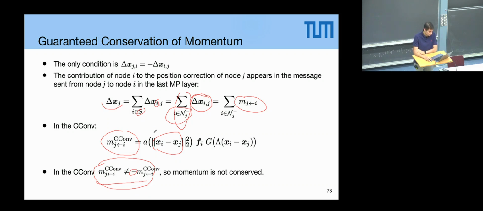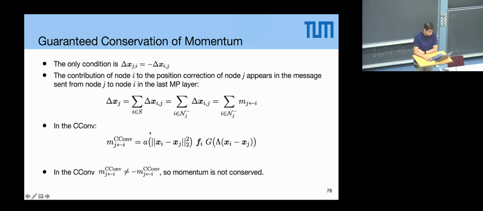But we see that no way, because although this term here is symmetric, if we have here xj minus xi, the result is going to be the same because it's a radial function. Here we already have one difference. We have the features from the sender node instead, and we cannot have at the same time the features for I and for j. And also this thing here is going to return a different value if instead of xi minus xj we have xj minus xi.